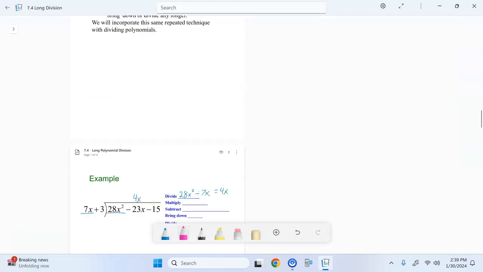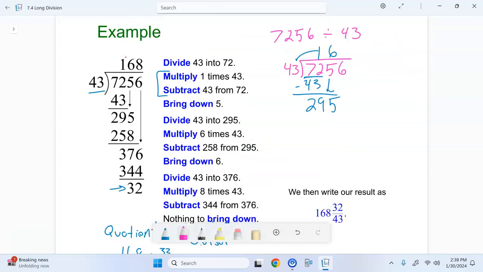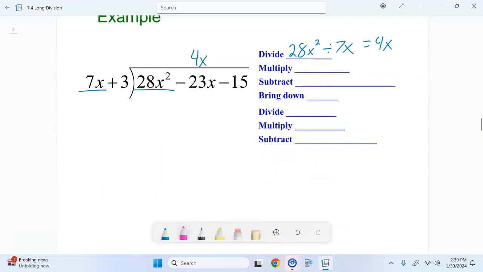Okay? Just like before, whatever we had up here got multiplied by our divisor to get each additional line. Right here and right here. Okay? We're multiplying by that to figure out how much we have left over. We're going to do the same thing here. So we're going to multiply 4x by the entire thing.